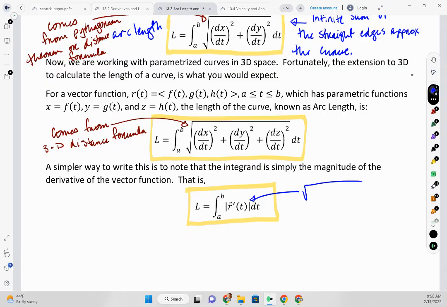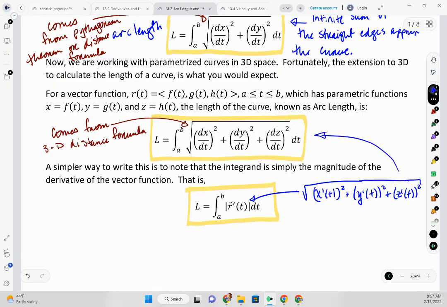So I have the magnitude of r prime of t, and r prime of t has components of x prime of t squared, and then y prime of t, that'll get squared, and then z prime of t, which will get squared, which is exactly what we're seeing up here on the second level. Okay, so this representation covers the 2D and 3D case.